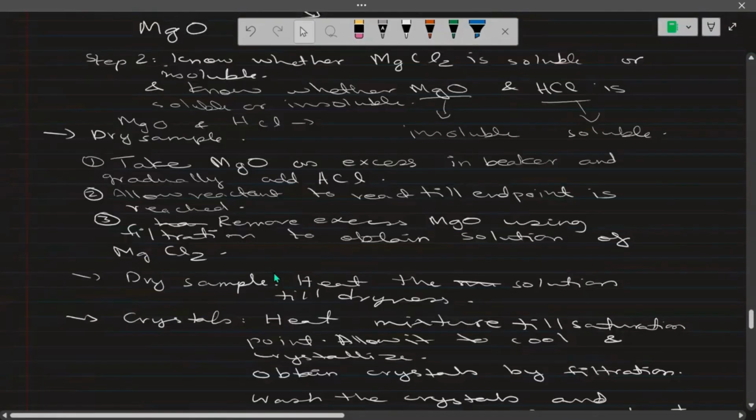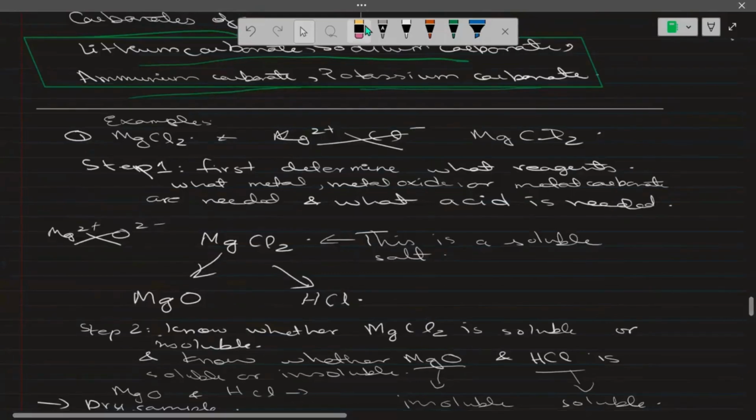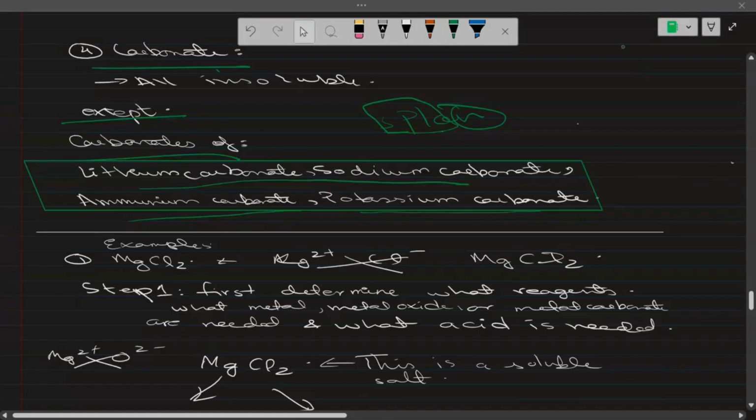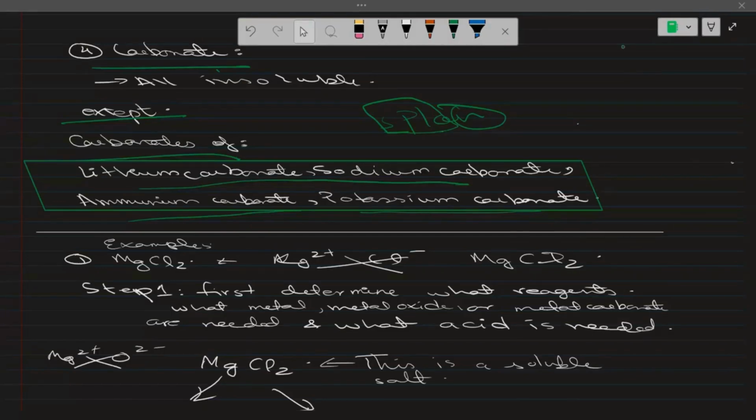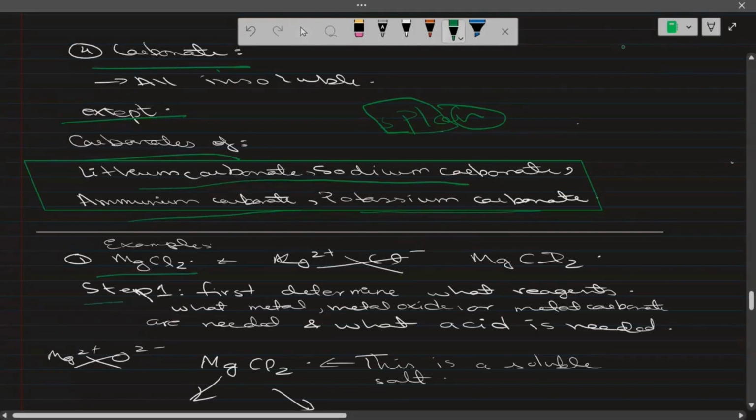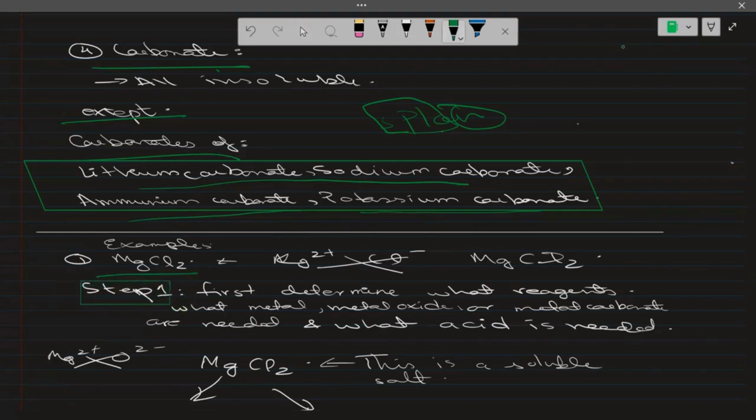Now let's go to an example: how we will make magnesium chloride. For this there are some steps. Step one is to first determine which reagents are needed, which metal oxide or metal carbonate, and which acid.